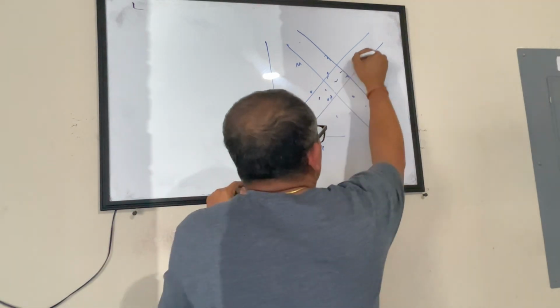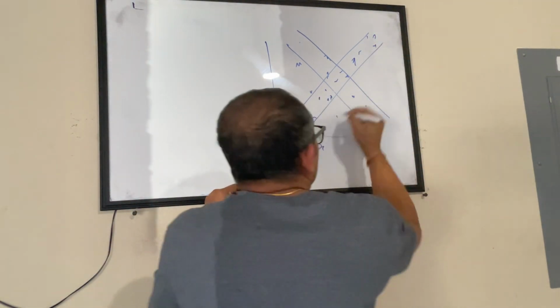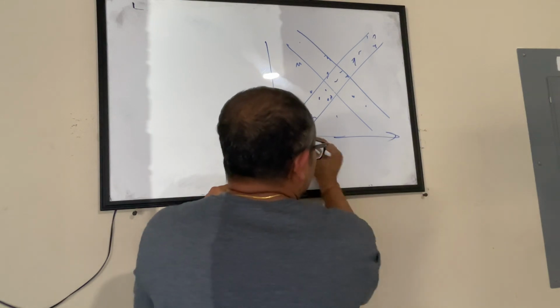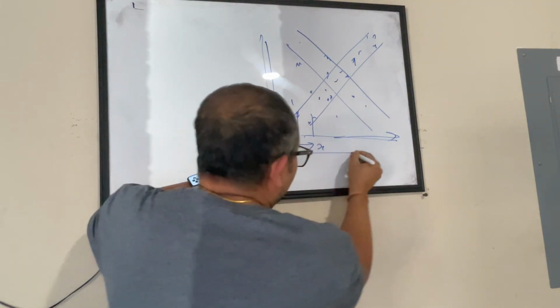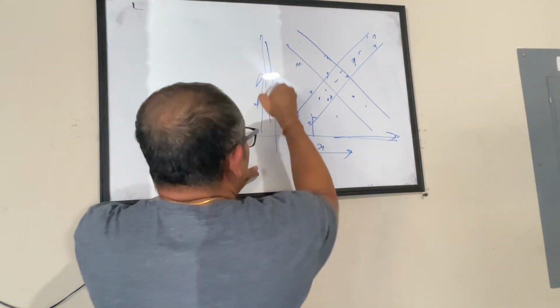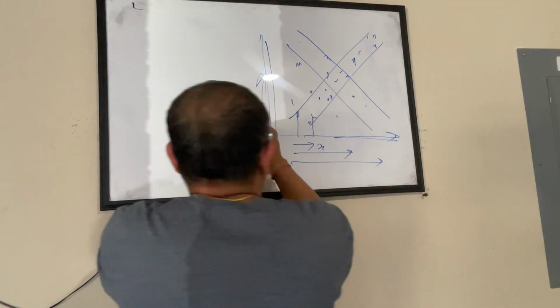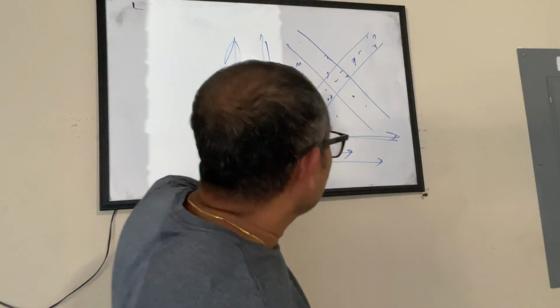This is where it's getting better. And when you come here, you see the data has improved. When the x is increasing, y is also increasing. It's like you put the effort and you get a score. If you're putting 5 hours of effort, you're getting better percentage. If you put 8 hours of effort, you're getting even better percentage. So that's the positive side.